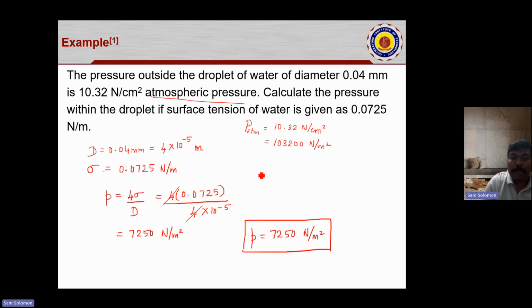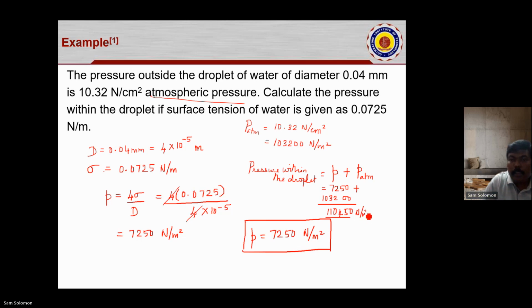The pressure within the droplet is supposed to be equal to the pressure which we have found out plus the atmospheric pressure. So 7250 plus 103200.